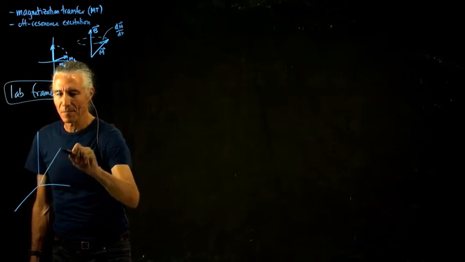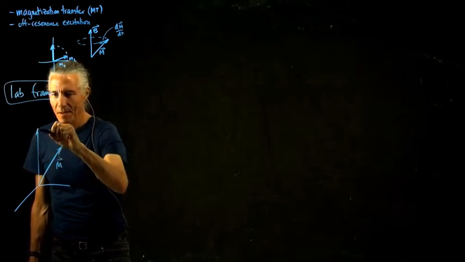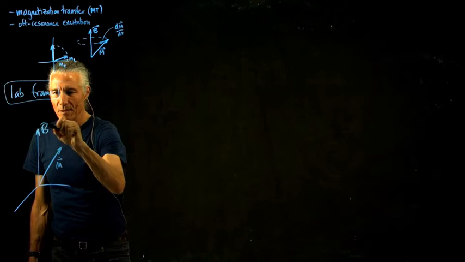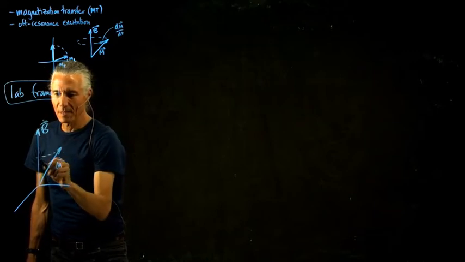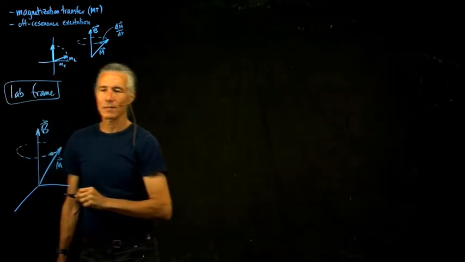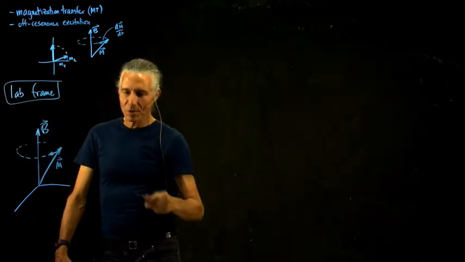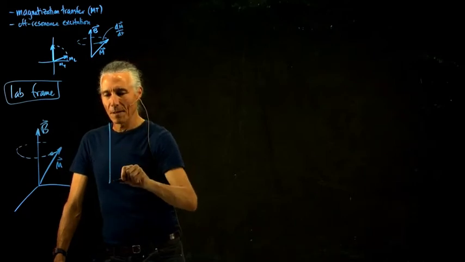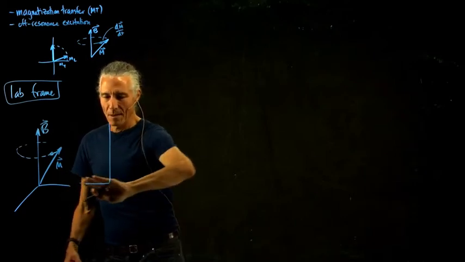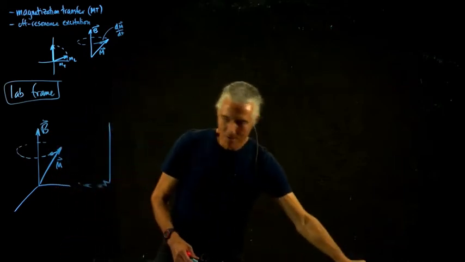We have some magnetization vector and some B vector, and we're basically precessing around like that. So that's the lab frame. Now, when we first go to the rotating frame, what happens is we stop that vector.